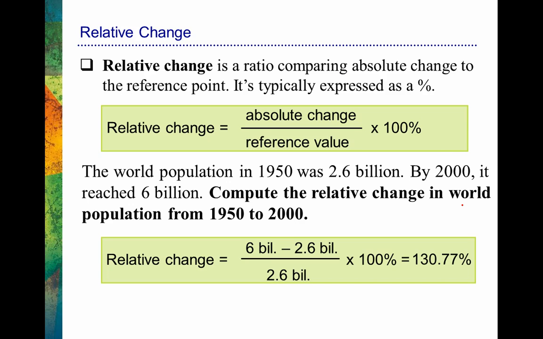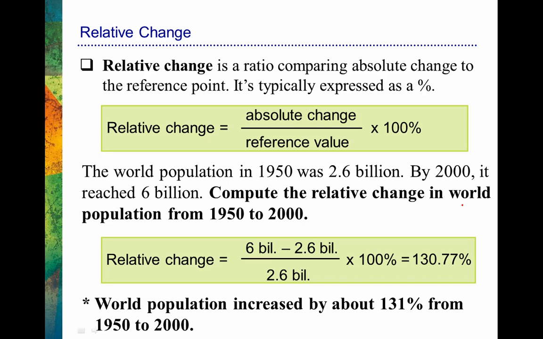So the relative change in our population was 130.77%. We're going to round it up to about 131%. So one way we might say that is world population increased by 131% from 1950 to the year 2000. All right, so it's relatively straightforward. An increase of 131%.